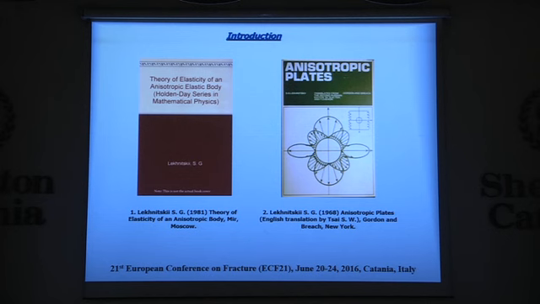Now, in order to solve this problem, we are based on these milestone books of Lekhnitskii. Actually, this is not the real hardcover. From this book, we are going to take the basic elements of anisotropic bodies, whereas from this second book, we are going to adopt the general formulas of Lekhnitskii's complex potentials for our problem.